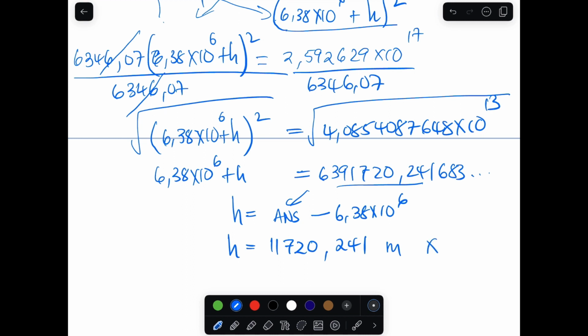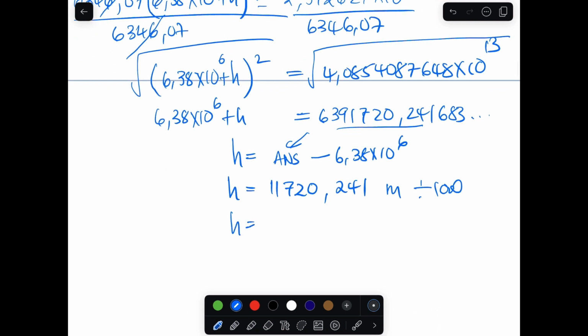So what are you going to do? You're not timesing, you're dividing. You divide by 1000. So it's going to be 11,720 kilometers.